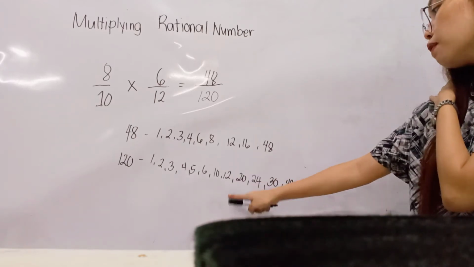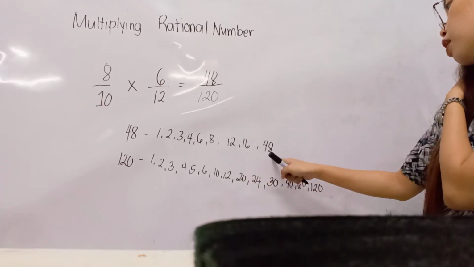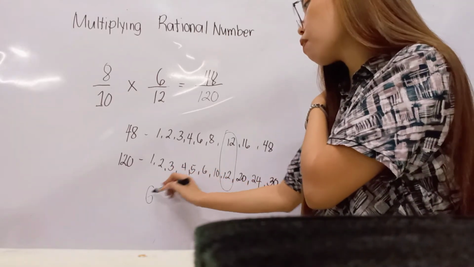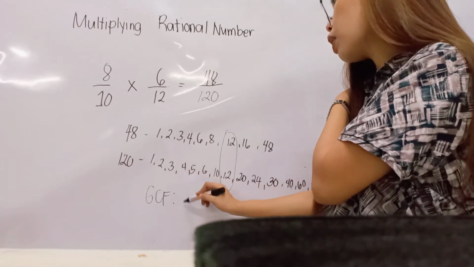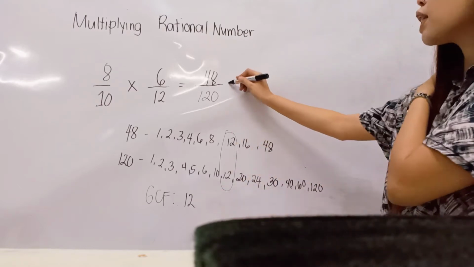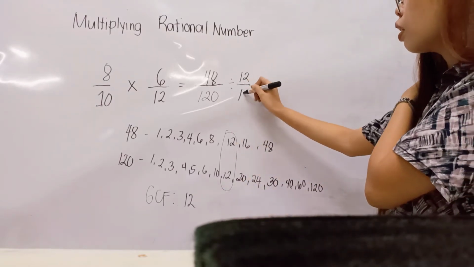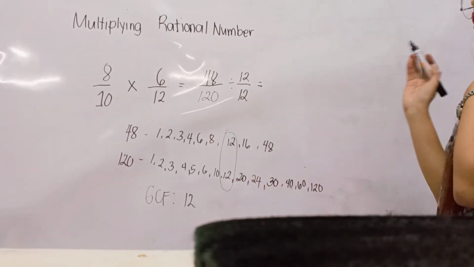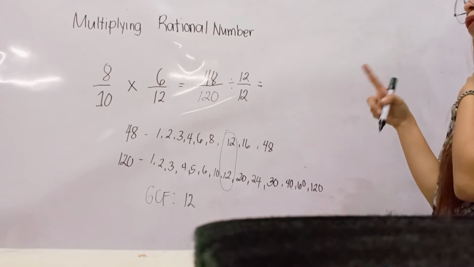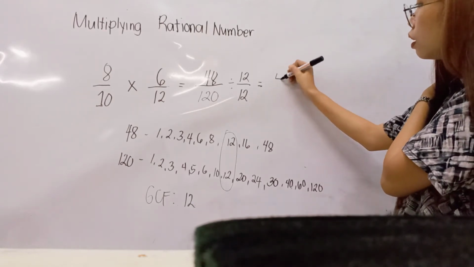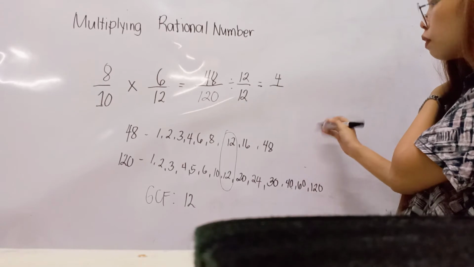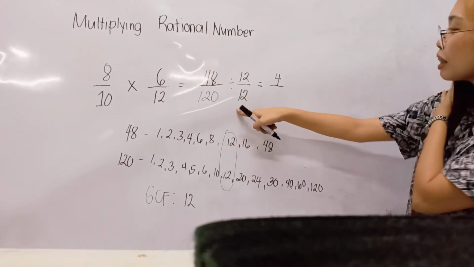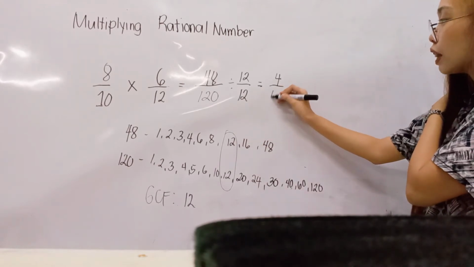So, I can see 12, tama? So, the GCF of 48 and 120 is 12. So, let us divide both numbers by 12. 48 divided by 12, that is 4. Tama. 4 times 12 is 48. Over 120 divided by 12, that is 10.